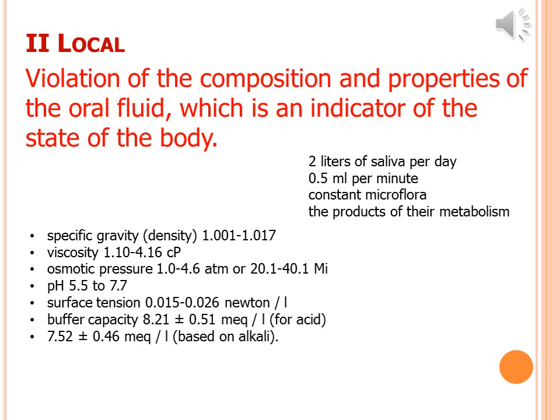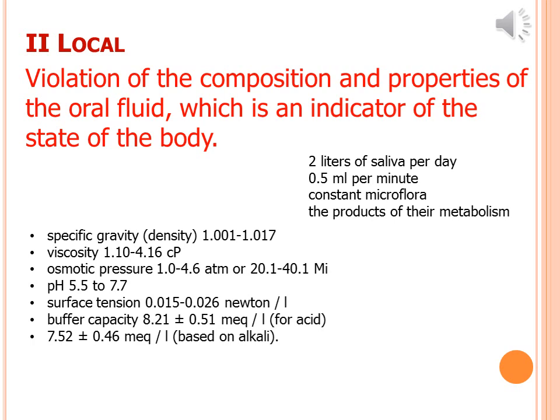The buffering capacity of saliva is the ability to neutralize acids and bases. It is the protective mechanism of the oral cavity. Saliva is the main factor in the regulation of the acid-base balance of the oral cavity.